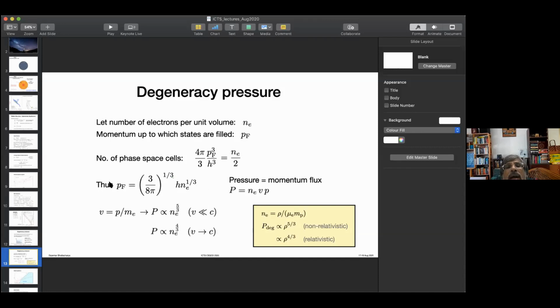So as the value of the Fermi momentum approaches the rest mass of the electron times the speed of light, then you'll begin to see a strong departure from this pressure law, and you'll approach this pressure law.